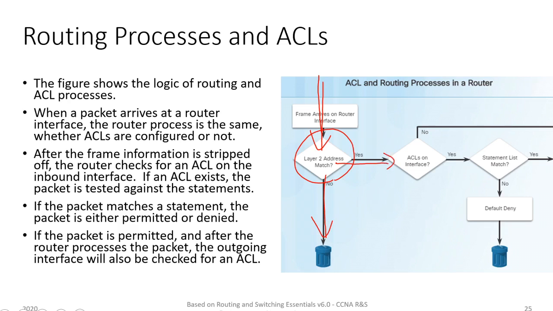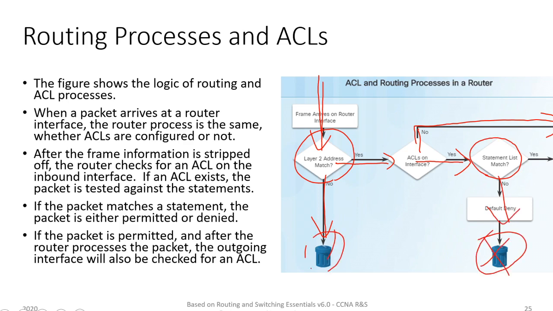Then it goes to checking with the ACL, or access control list, and if there are no matches with the access control list, then it goes on. If there are any matches, it will check the statements there. If there are any denies, it will again be discarded. If there are no denies, it will go on to routing.